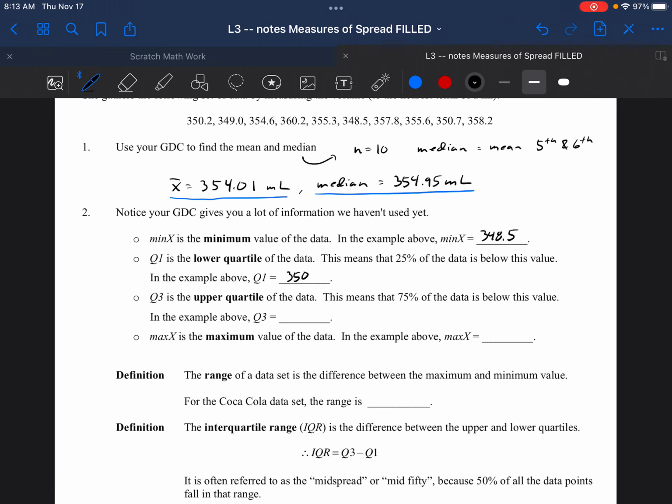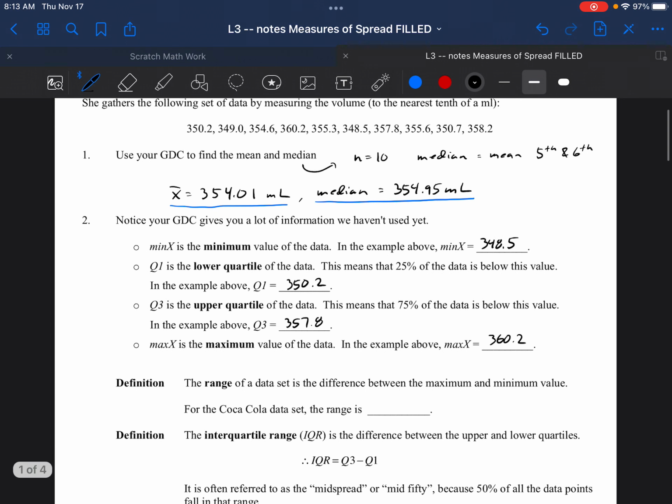For the lower quartile, 350.2. Excuse me. For the upper quartile, 357.8. And the max value is 360.2. And actually, we should be able to find that from right here. This looks like the biggest value. The min, 348.5. That's right here. Okay?